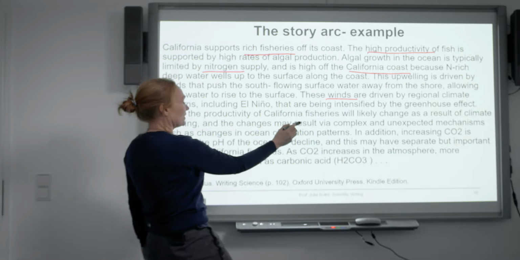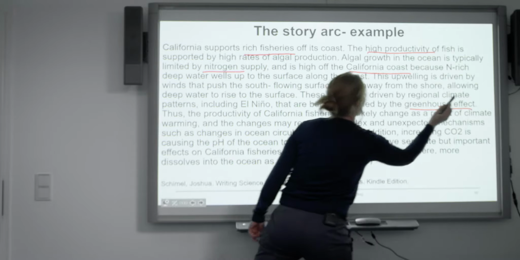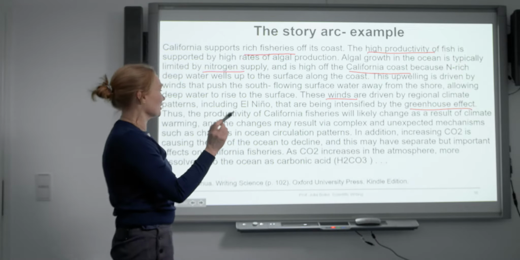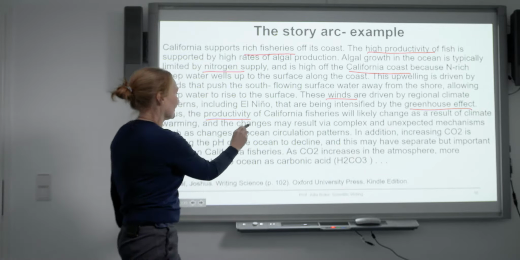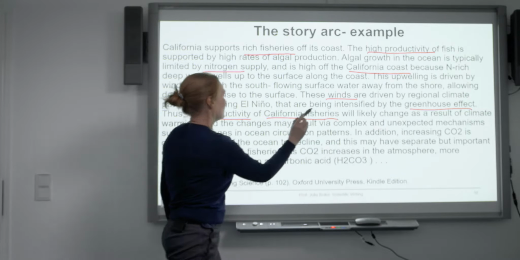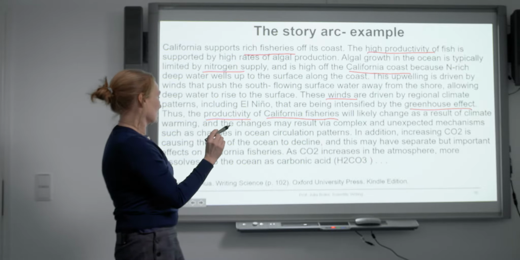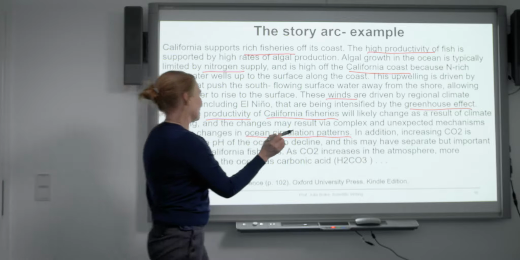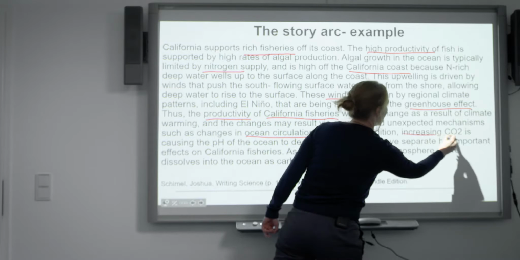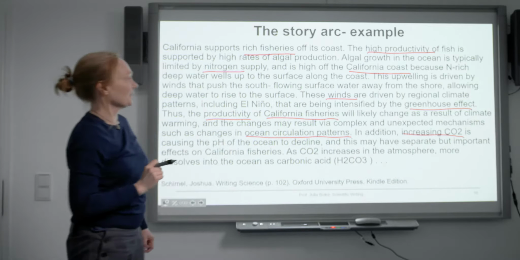They're being hit by the greenhouse effect. So I'm highlighting these topical subject sentences that are important. Productivity, maybe California fisheries, ocean circulation patterns, CO2, increasing CO2, just to give you an example.